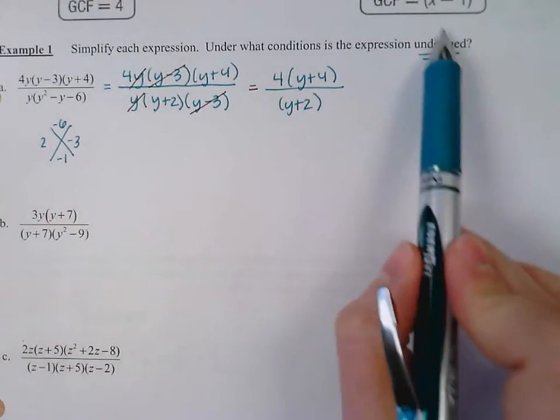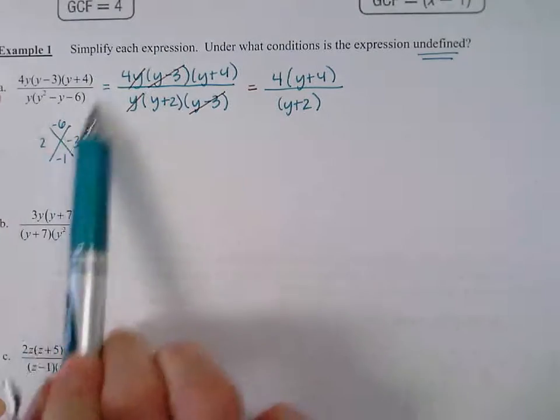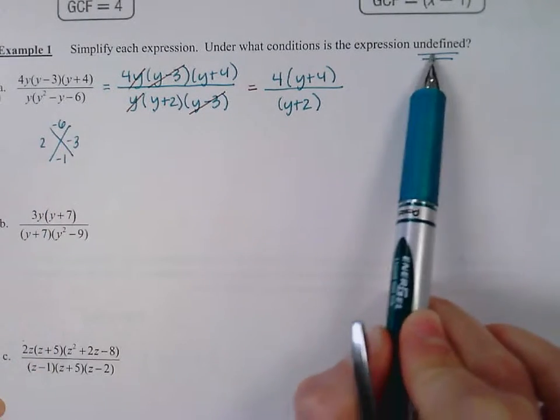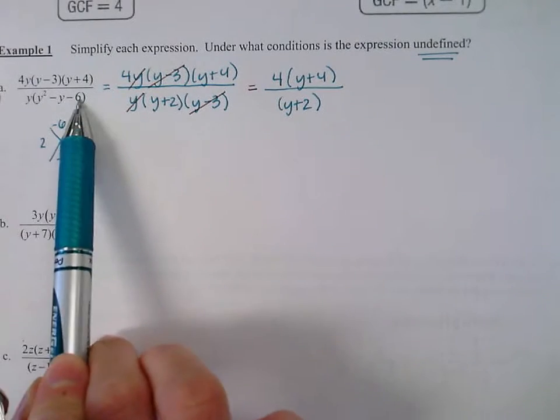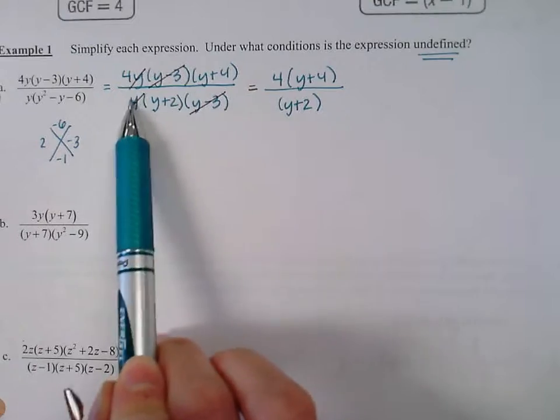Then, where it's undefined. This is actually what we talked about in the previous chapter, chapter 6, that whenever you have a quotient or a fraction, your denominator cannot be 0. And it's important that you are going back to the original denominator. So I could either look here, or I can actually look here where I had already factored it.